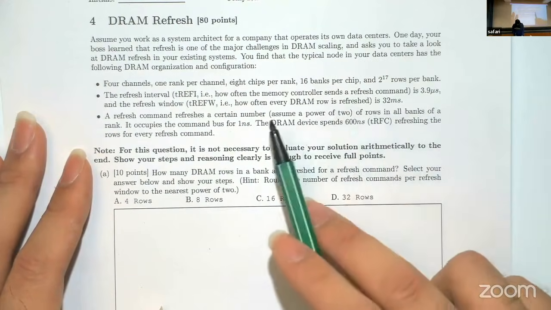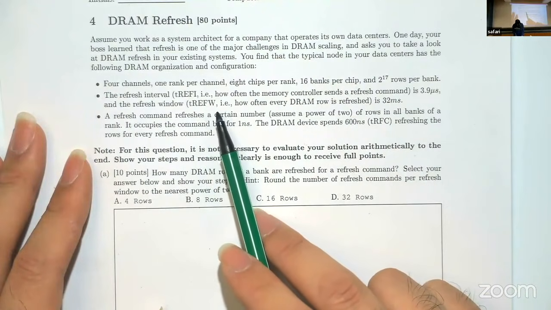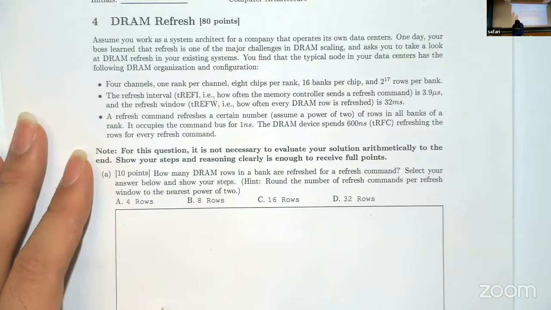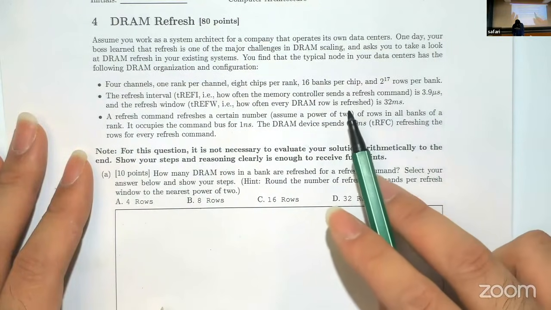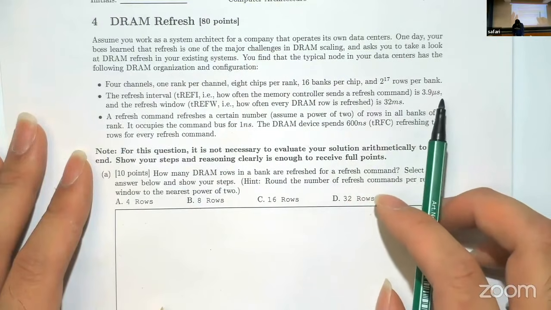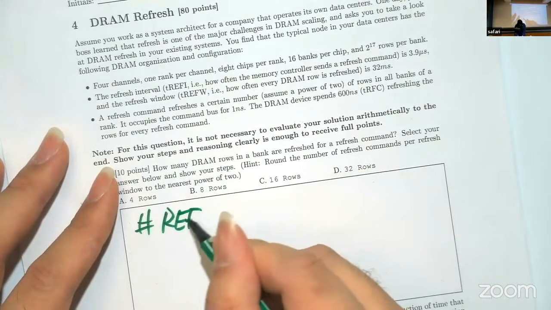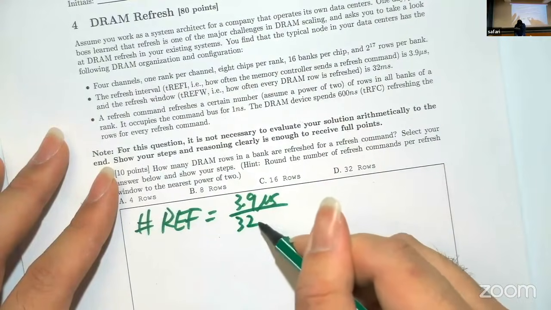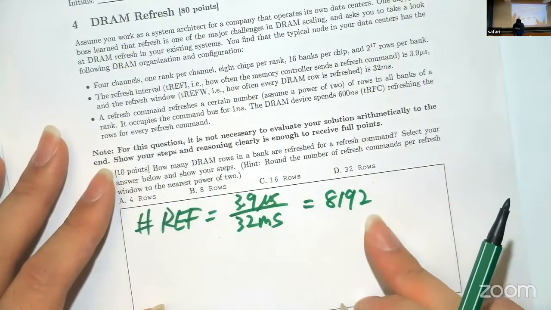command. So because we know that every row will have to be refreshed every 32 milliseconds, and a refresh command will be sent every 3.9 microseconds, the number of refresh commands is just 32 milliseconds over 3.9 microseconds, which is 8K refresh commands.